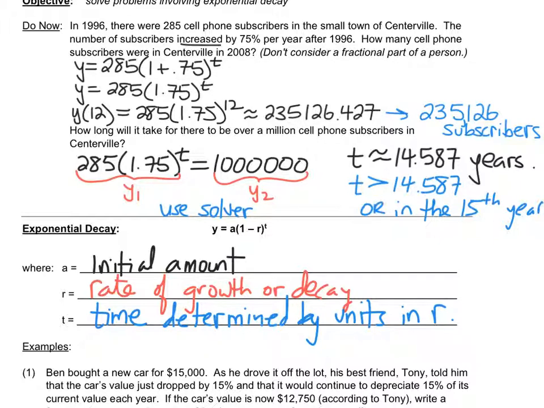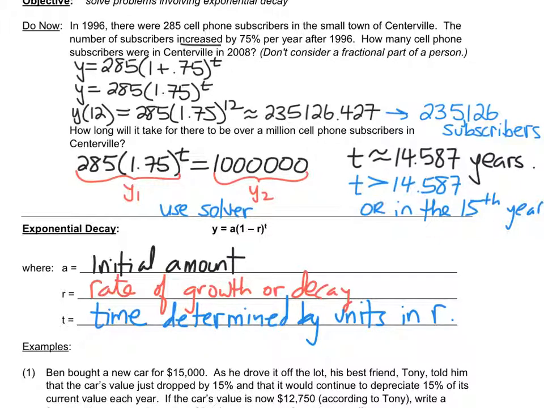Now, I mentioned this last time that R is the rate of growth or decay. So if I'm writing the same stuff to define A, R, and T, what makes this any different? Well, really not much of anything, because the actual formula, it's really kind of misleading. It makes it seem like there's two unique formulas.